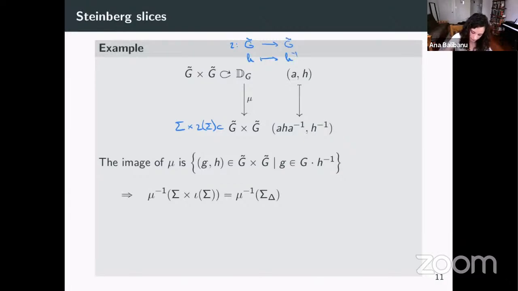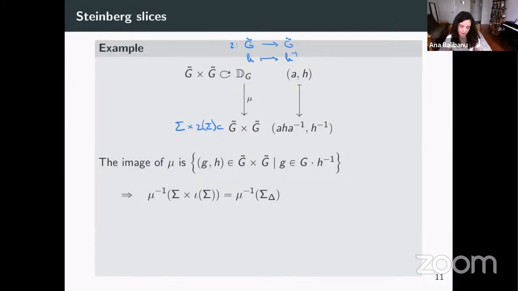So this is pairs of one point in the slice and one point in the image of the slice under inversion. And the theorem on the previous slide tells me that if I take the pre-image of the slice under this group-valued moment map, I should get a Poisson manifold. So it's clear from the definition that the image of this moment map consists of pairs (g, h) with the property that g is conjugate to h inverse.